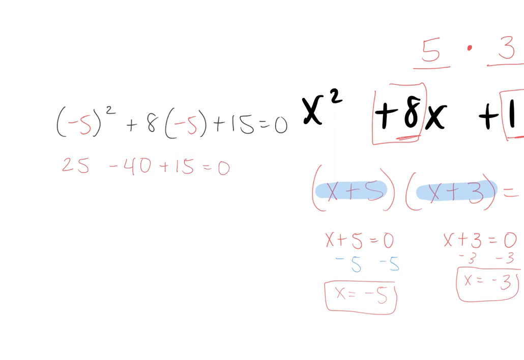Equals 0. What's 25 minus 40? Jordan? Nope, not negative 35. Yep, negative 15. What's negative 15 plus positive 15? Does 0 equal 0? Yep.